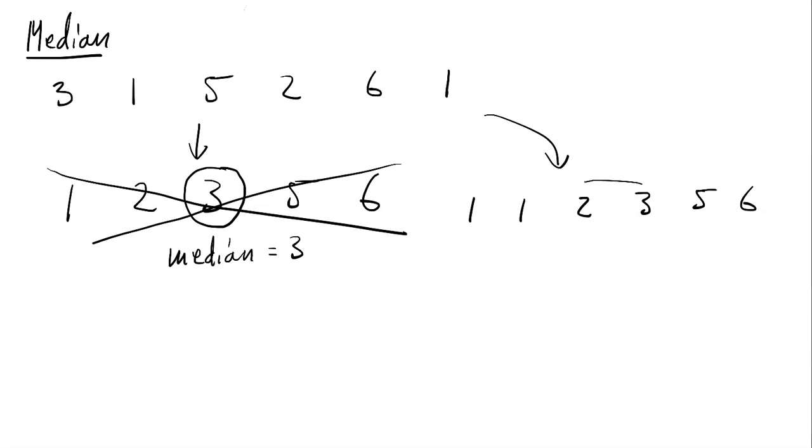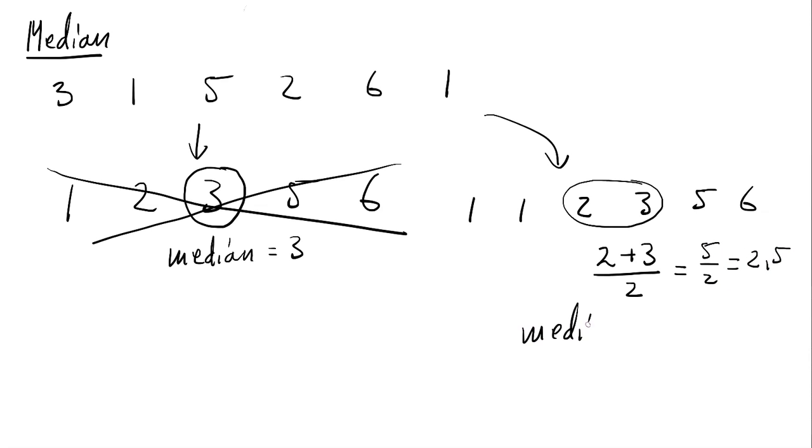So you have to take the 2 in the middle, and you have to take the average of those. Now we haven't talked about average yet, but I surely know what average is. So take the average of these 2. So we add these 2 and divide by 2. So you got 5 divided by 2, 2.5. So in this case, the median is 2.5.